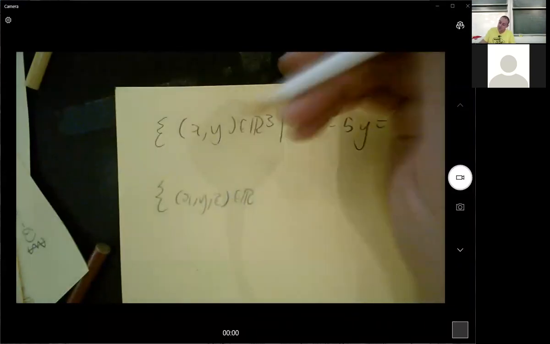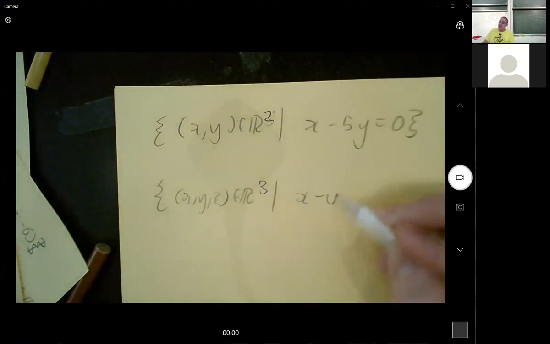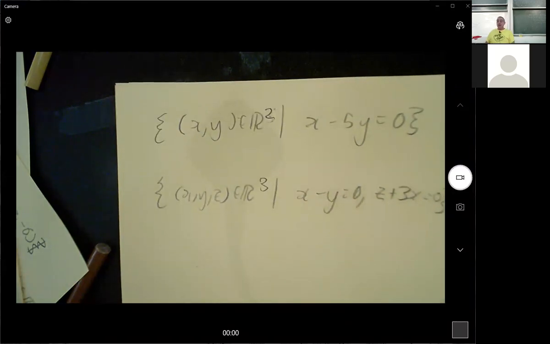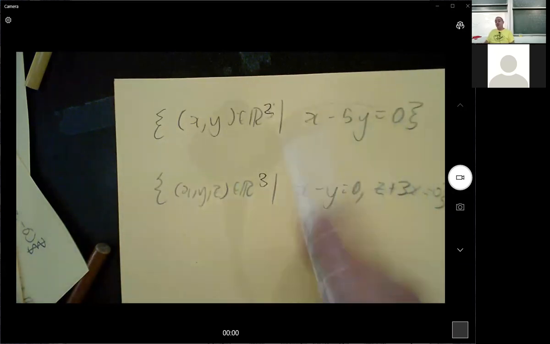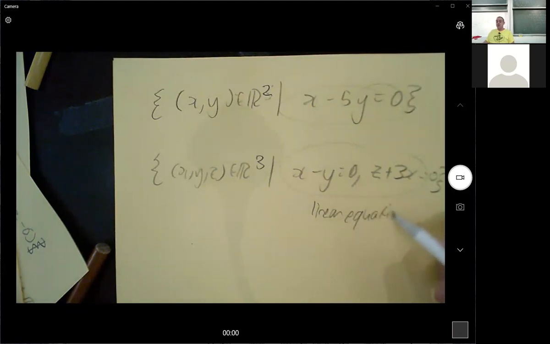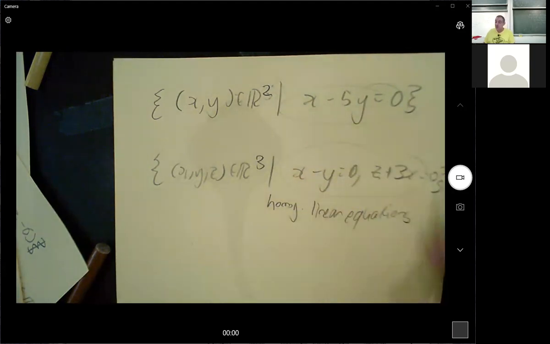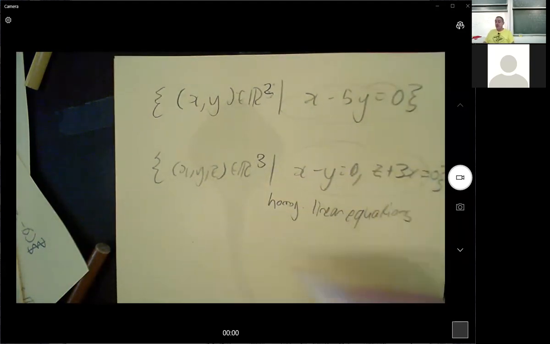Well, this is R2, sorry. Anything that is in this format that has a rule to satisfy, if that rule is any number of linear equations, and those linear equations are homogeneous, meaning they're equal to 0, then that is definitely a subspace. Guaranteed.